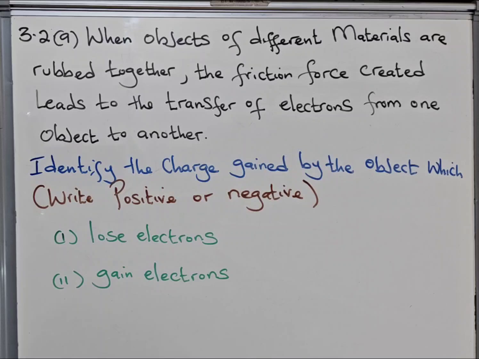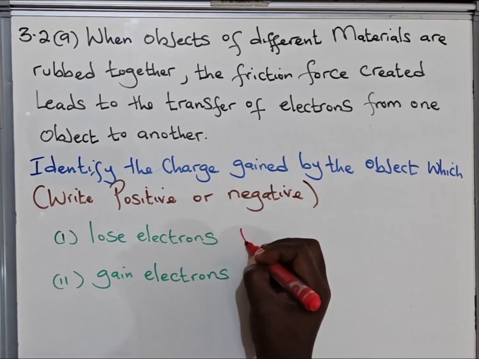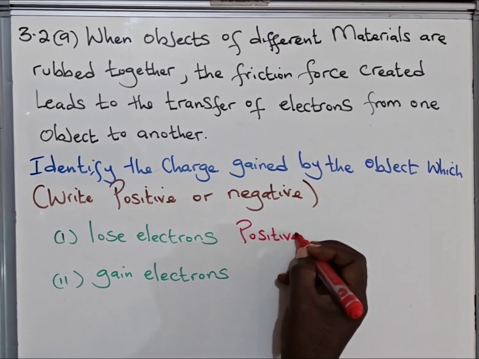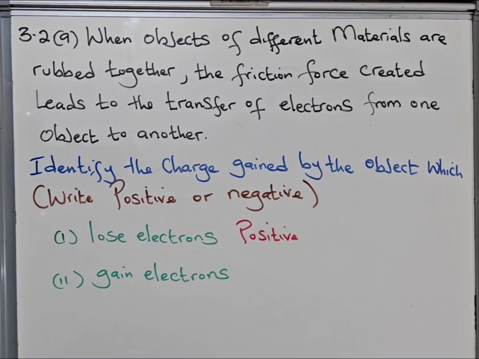When an object loses electrons, it attains which charge? It attains a positive charge. Then we come to the next one.